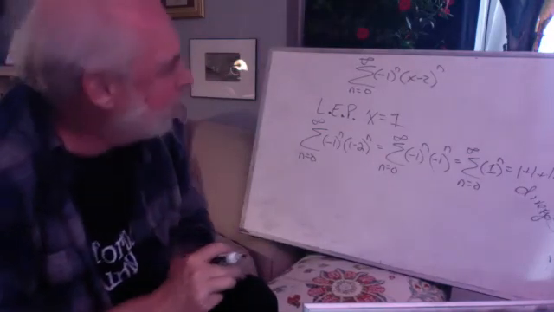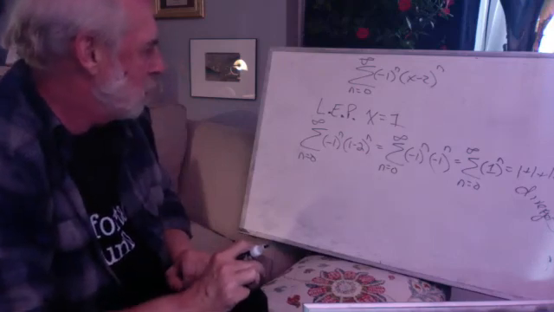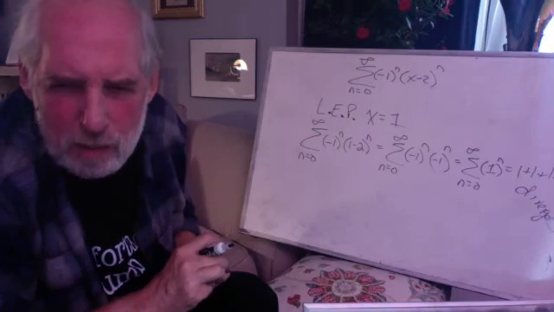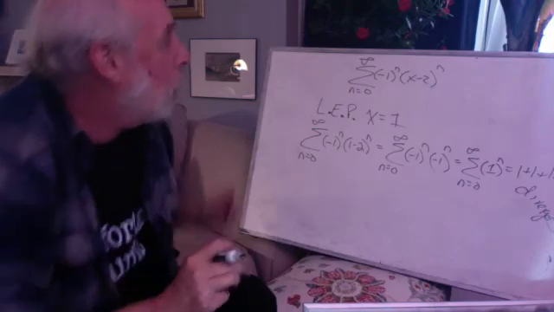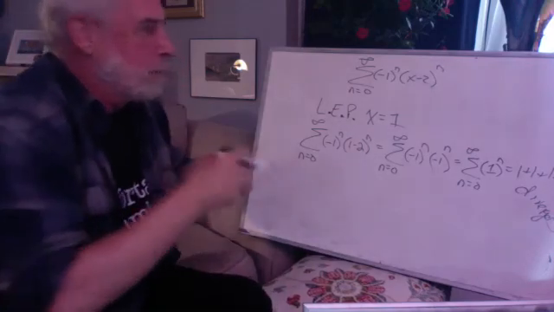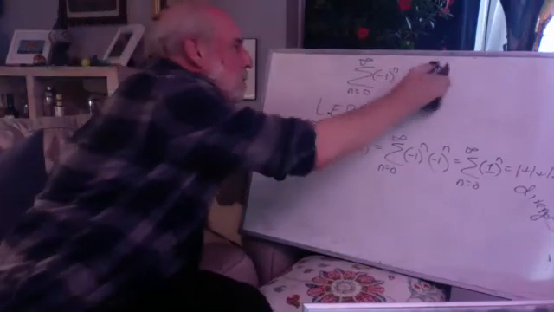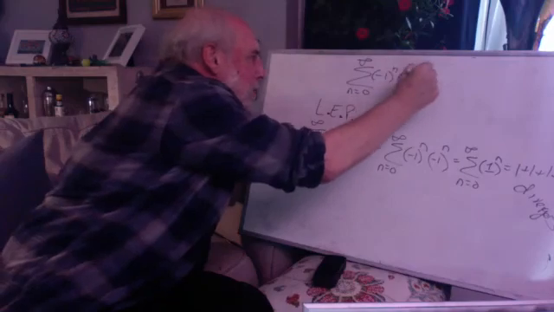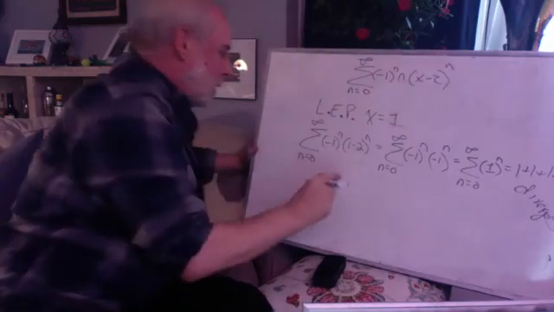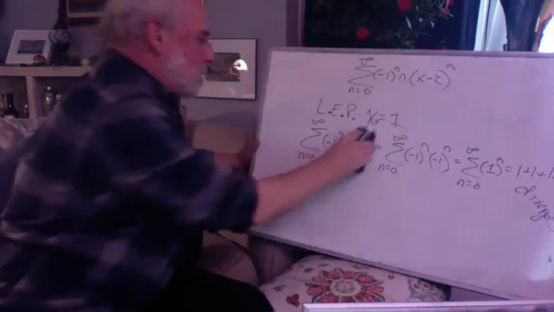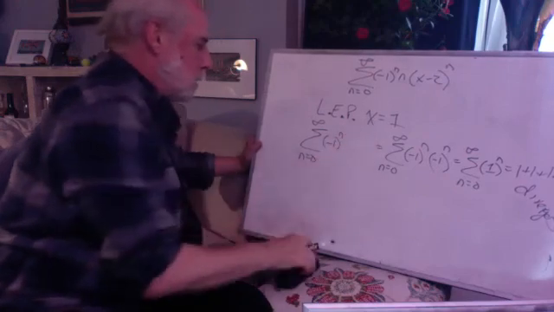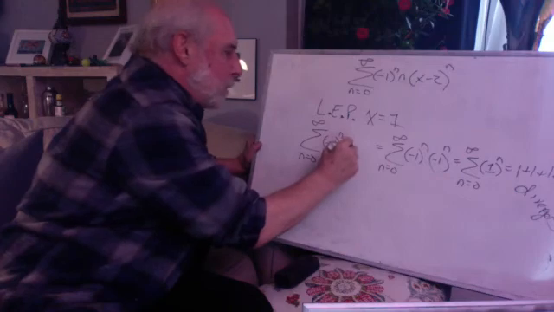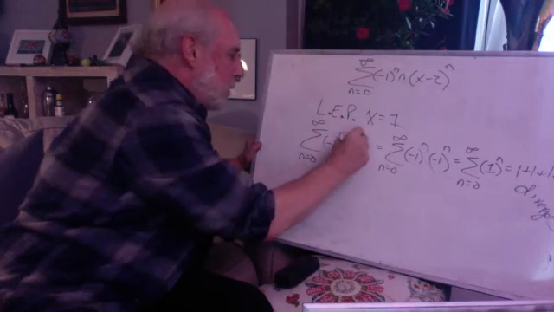Oh, Brandon, I'm missing a 1 where? Oh, yeah, thank you. You're right. It's n times (x minus 2). Thank you. So that gives me n times (-1)^n.